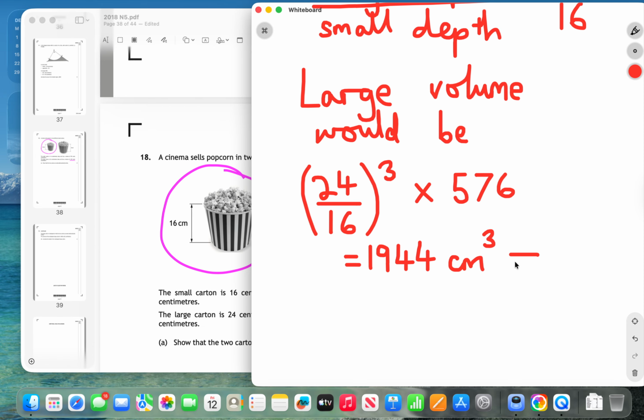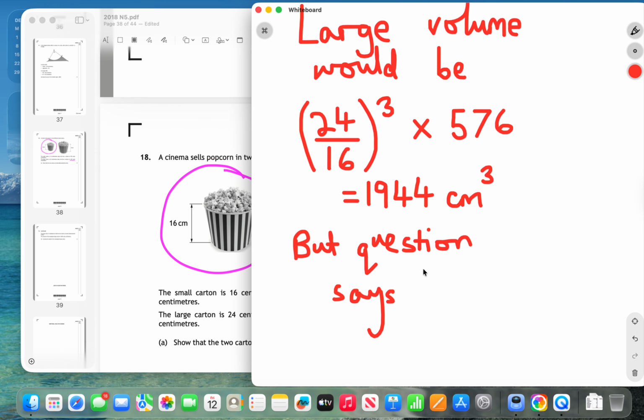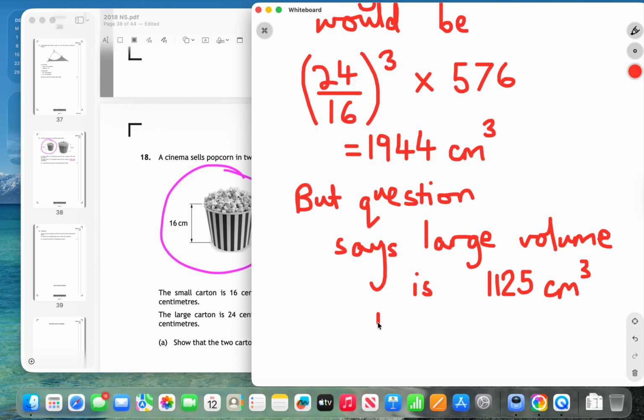So what we then say is, and it's very long-winded, but you do have to write this, but the question says, large volume is 1125 and not 1944.